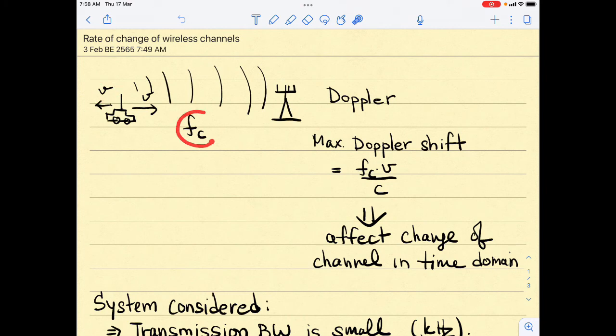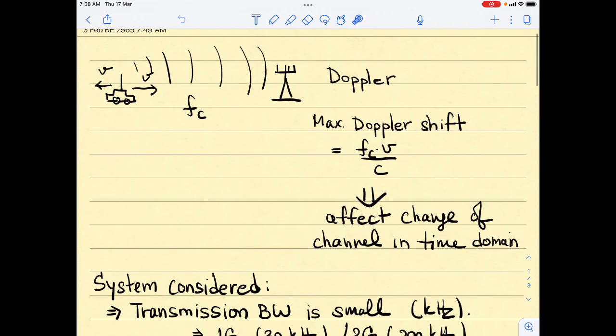And let's assume that the carrier frequency is equal to fc hertz. Okay, and this is going to cause a Doppler shift, right? There's going to be a change in carrier frequency, even though the change will not be many hertz, but it's going to cause a change in time domain in wireless channels.